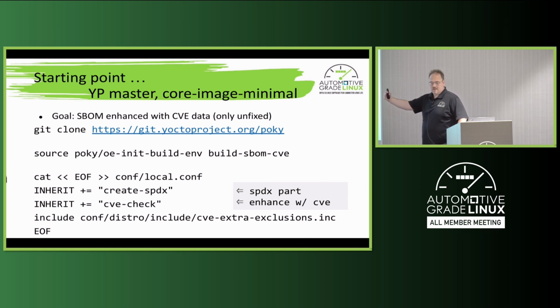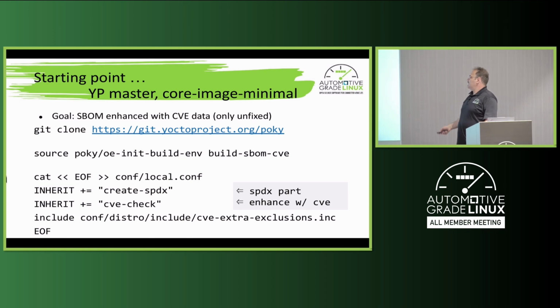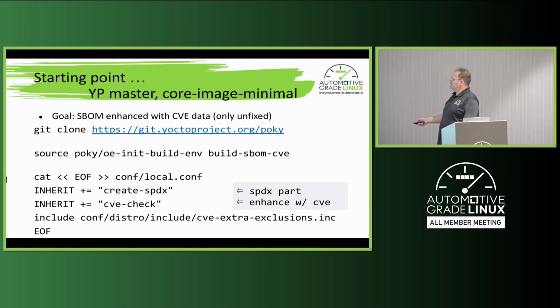We want the extra information in there. And there are some exclusions, kind of well-known exclusions that have been already curated, right? Just to tune down the noise. Okay, so 3 lines.